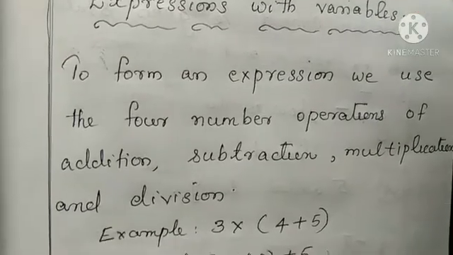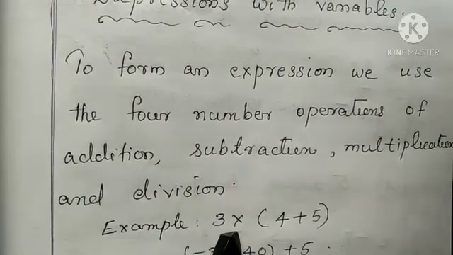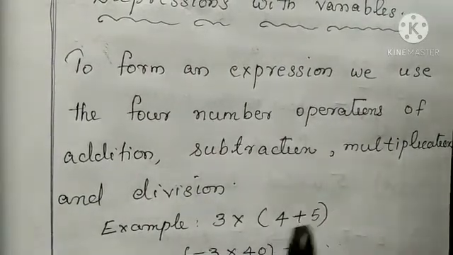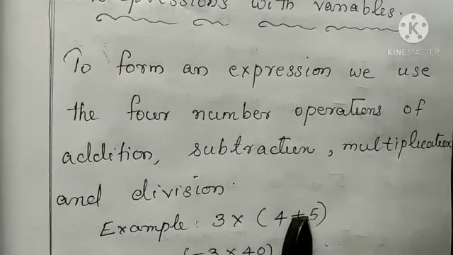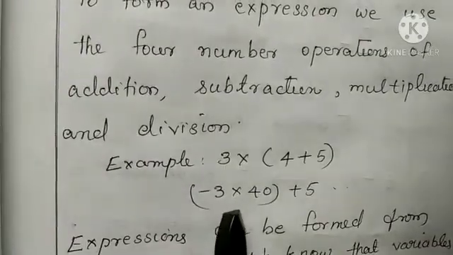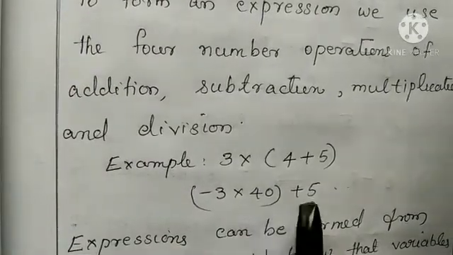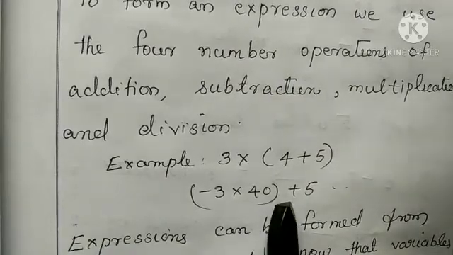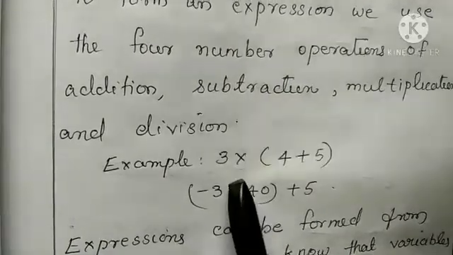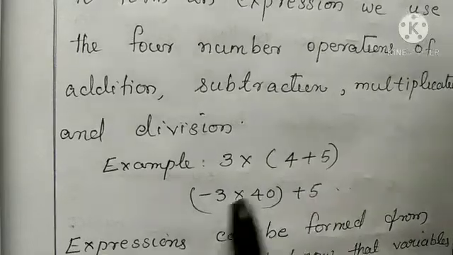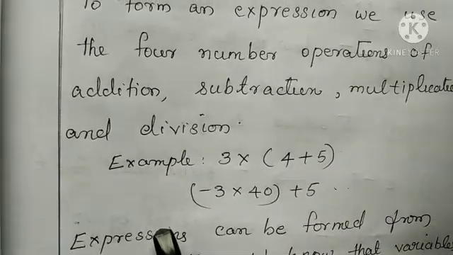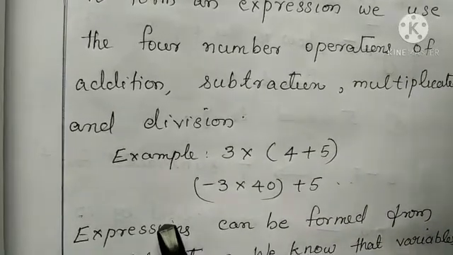Examples of expressions are 3 into 4 plus 5, or 4 plus 5, which is another expression. Negative 3 into 40 plus 5 is also an expression. Here we use only numbers, but we can use variables also in an expression.